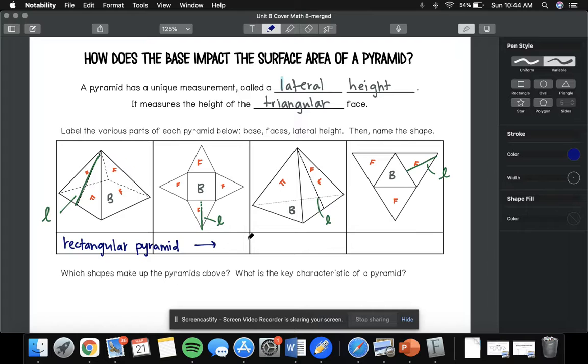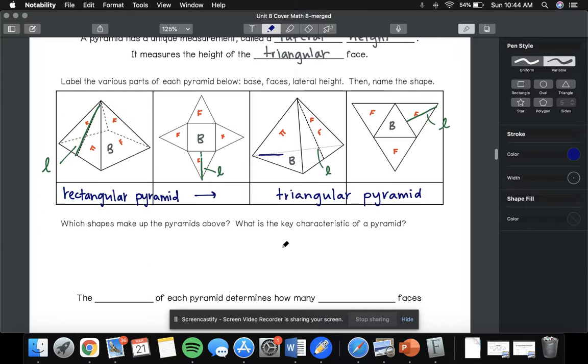So I'm going to put that as well. Now for this one, the base is actually a triangle, and so is this one. So this is a triangular pyramid, because both of these come to a point, and if you were to fold that one up, it would also come to a point.